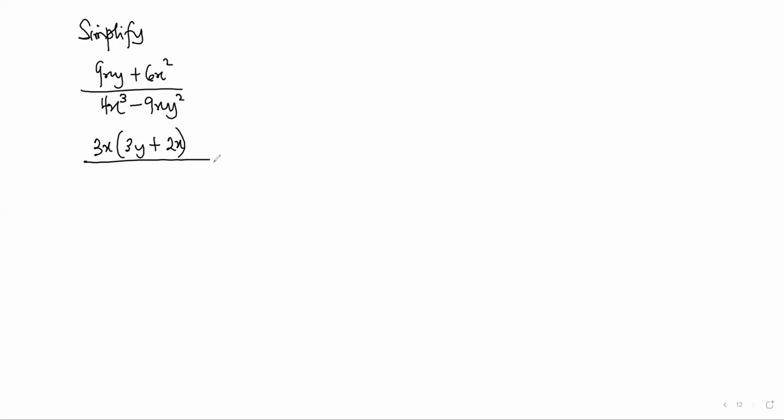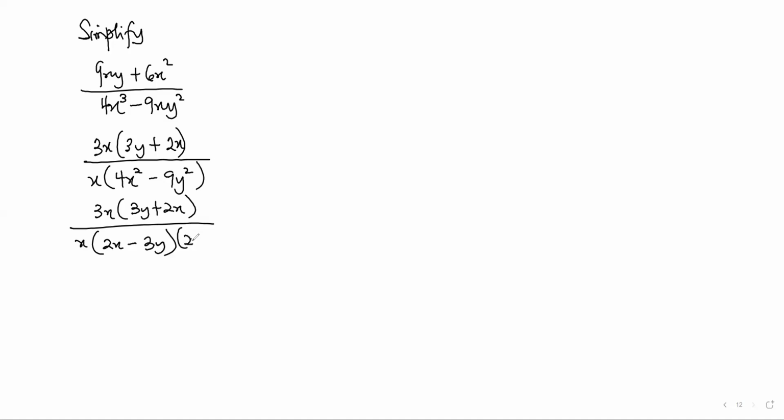if you look at the denominator, x is common to both. So we'll be left with 4x squared minus 9y squared. Once again, you can see the denominator looks like a difference of two squares, which we can change to 2x squared minus 3y squared. So if you do that, it is the same as a difference of two squares, so we have 2x minus 3y, 2x plus 3y.